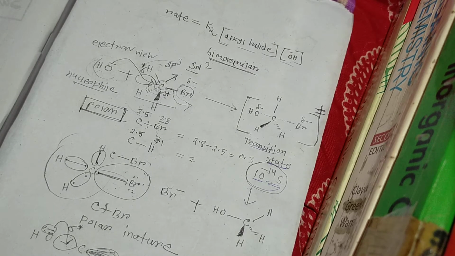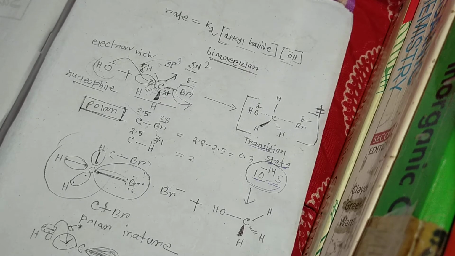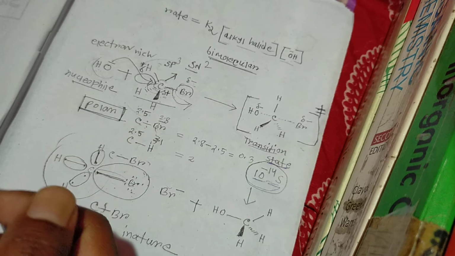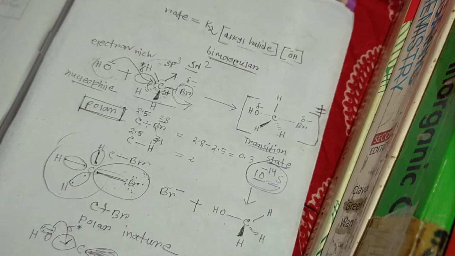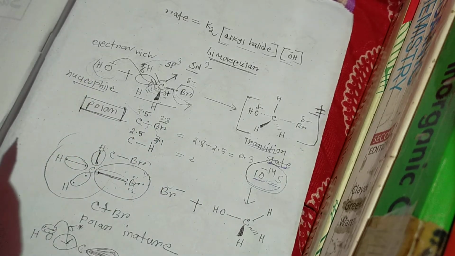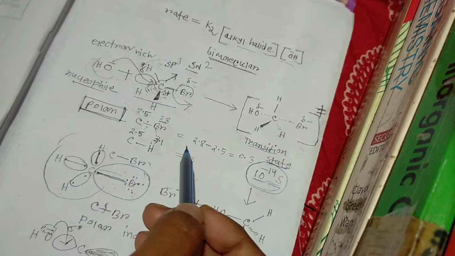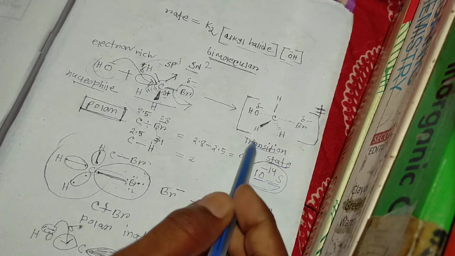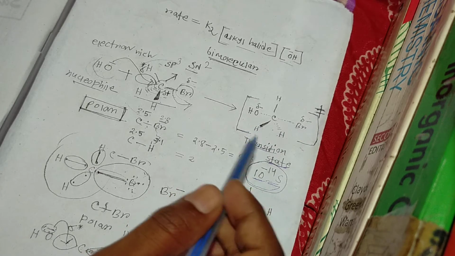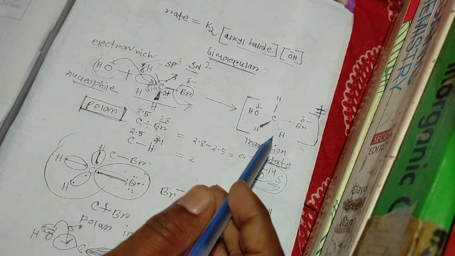Here, the transition state is actually a thinking, an imagination by the scientists, that when two molecules react with each other, obviously there is a state that we can imagine, that is the transition state. It is not experimentally verified. That is, it is not found.